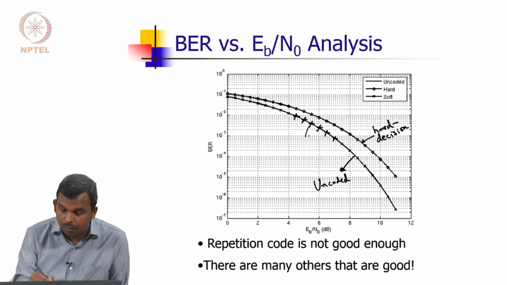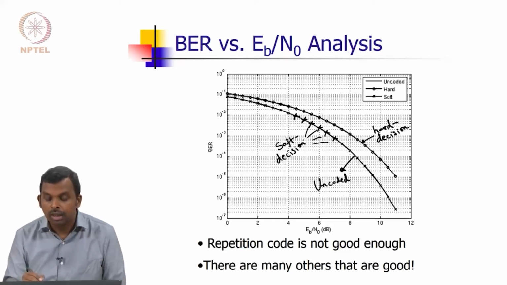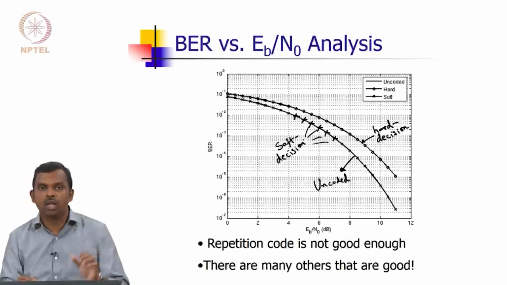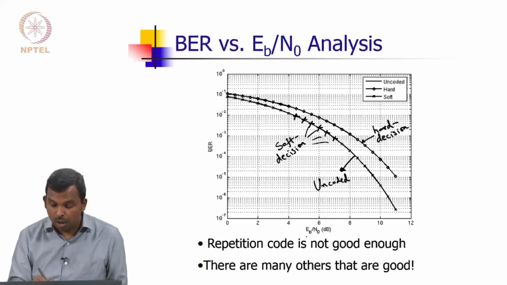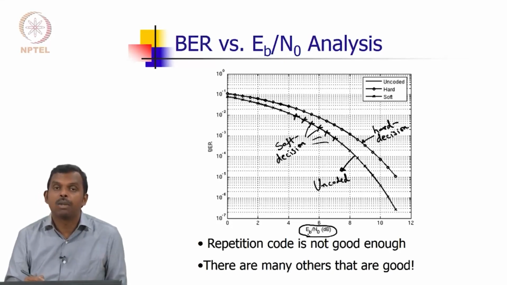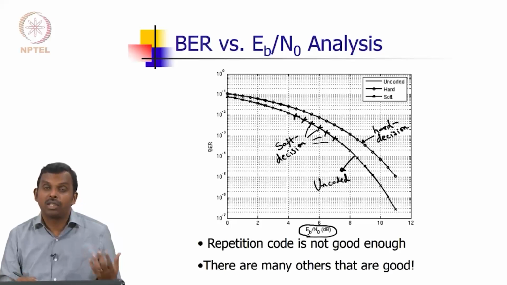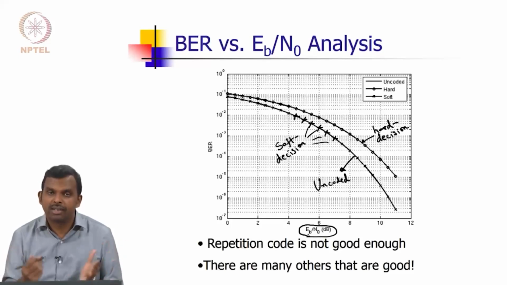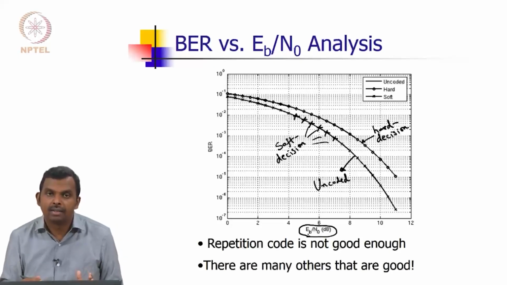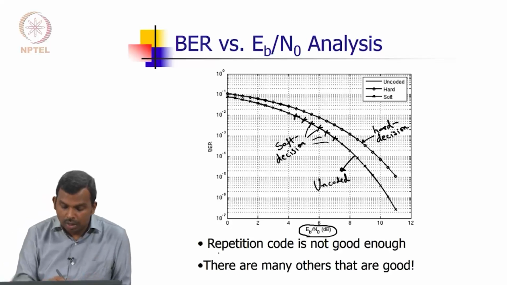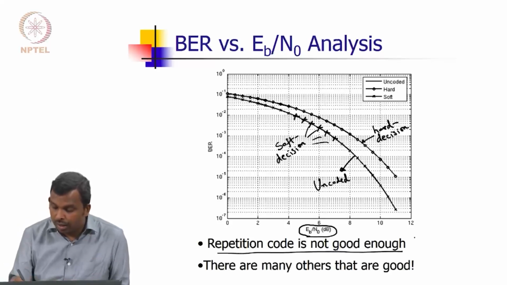So, this is the soft decision decoder, the ML decoder, maximum likelihood, or the optimal decoder, and that ends up lying on top of the uncoded curve. Remember this plot is with Eb over N0 in dB, and that is very important. So, the rate normalization that you did, the soft decision decoder simply just about recovers whatever loss you had in this. So, one can easily conclude repetition code is not good enough for coding gain.